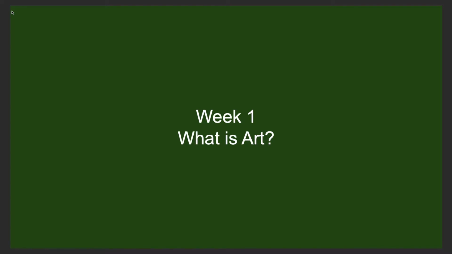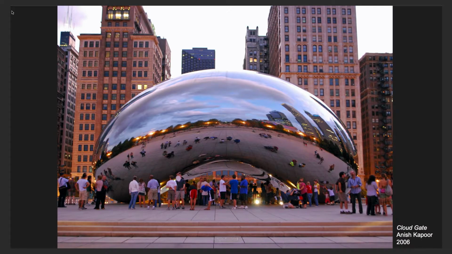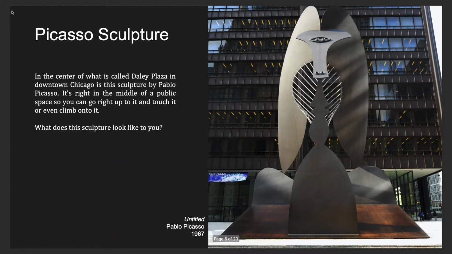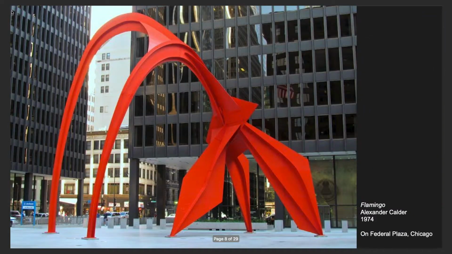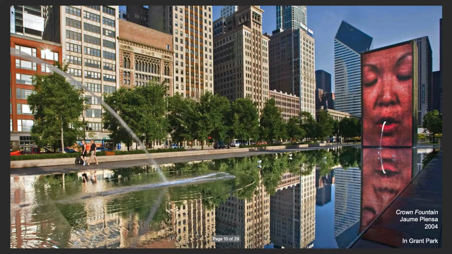So last week, we spoke about what is art. And we talked about art around Chicago. We have Cloud Gate by Anish Kapoor, this giant statue by Picasso, Flamingo by Alexander Calder, this great sculpture by Jean Dubuffet, an awesome fountain by Jaume Plensa.